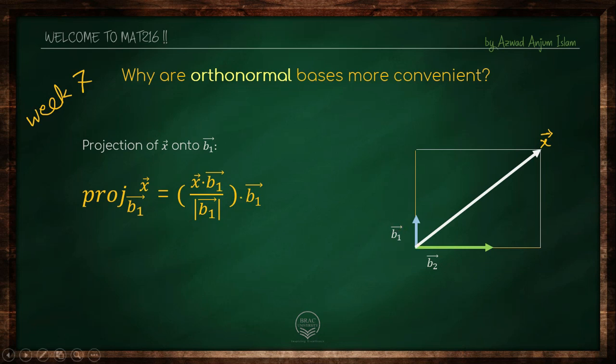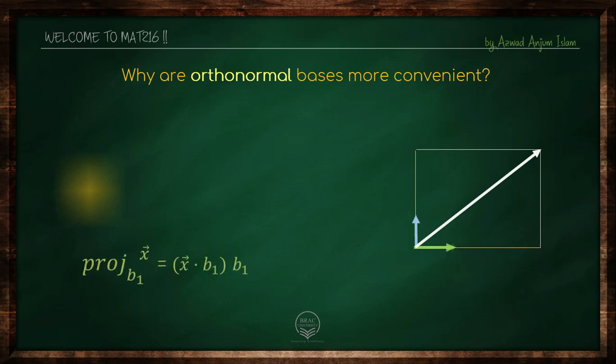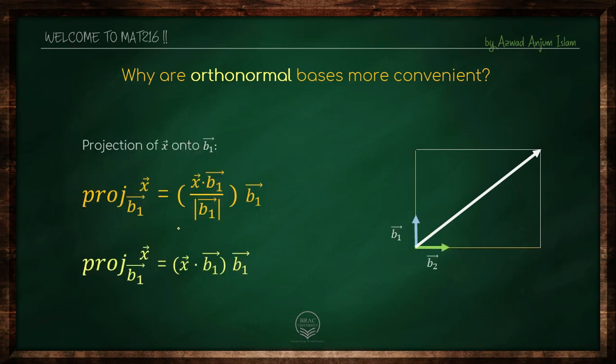Now, if the length of b1 and b2 is arbitrary, if they are not 1, you have to calculate this, right? But look what happens if this is an orthonormal basis. If the length of b1 and b2 were both exactly 1, you wouldn't have to calculate the length of b1 because this is just 1.